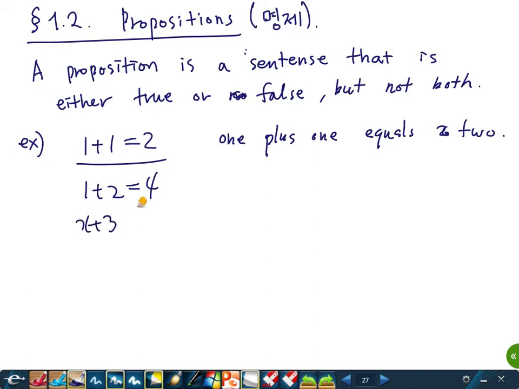x plus 3 greater than 2. Is this a proposition? No, this is not a proposition because it depends on x. If x is 1 or 0, it's true, but if x equals minus 3, it's not true, so it's not a proposition.